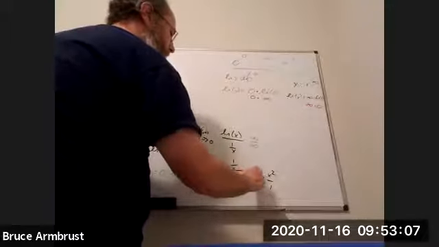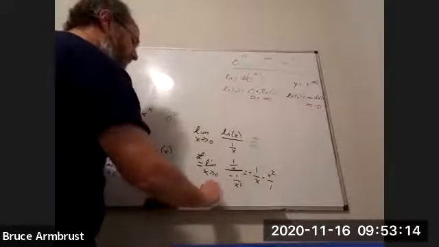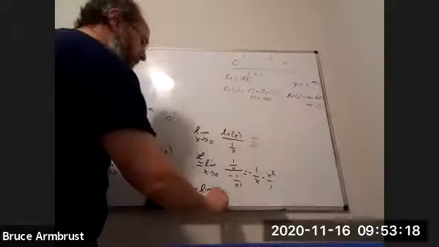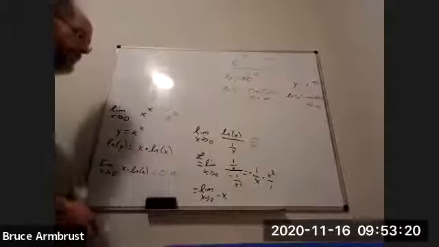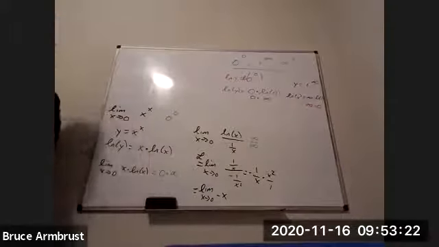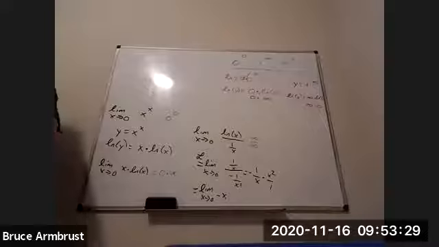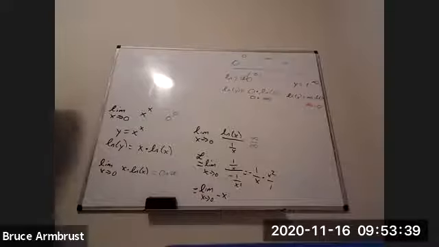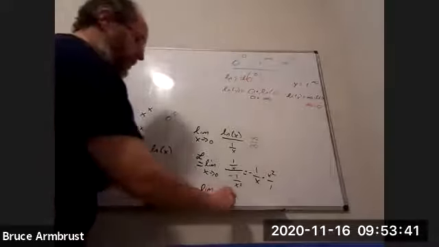And one of those x's cancels, so we're left with the limit as x goes to 0 of negative x. So that thing simplified down pretty easily just to negative x. But this one now we can take its limit. So what's the limit as x goes to 0 of this? Well, it's 0.